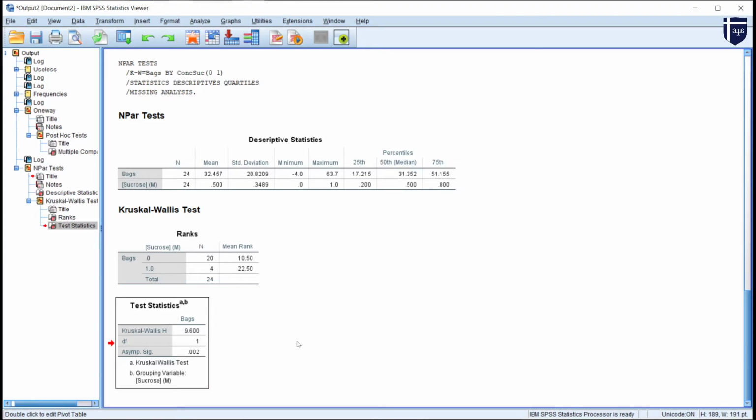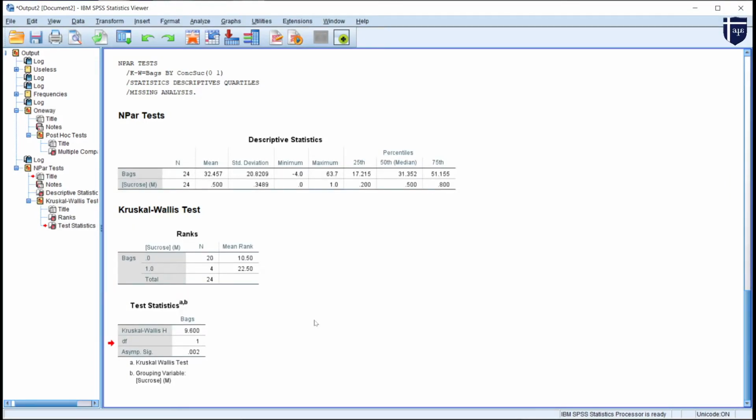Yes, it is. That means that your bags of sucrose between concentrations are significantly different. That's called the omnibus test. That's the most important result. This better end up in the paper. It's the most important result you have.